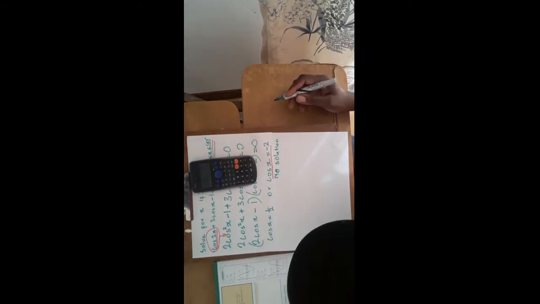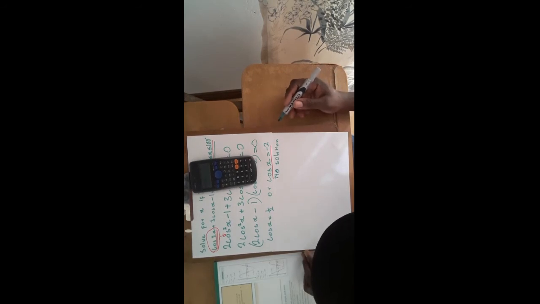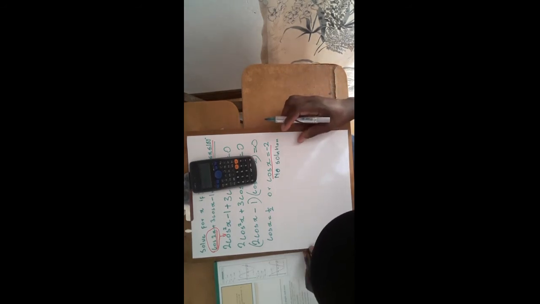And then for cos, we know the general solution is reference angle plus 360 times k, or minus reference angle plus 360 times k. Therefore, our answer is going to be x equals to 60 plus 360 times k, where k is an element of integers.